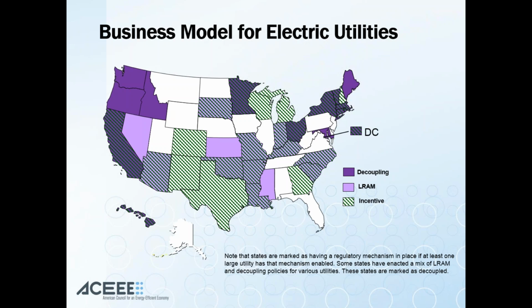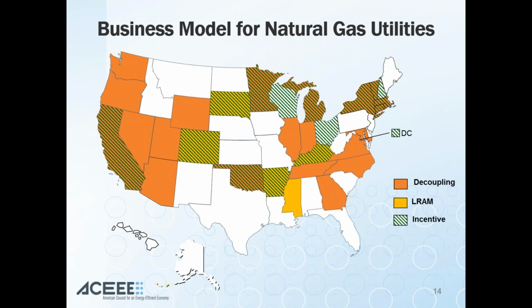EERS policies are a critical tool in the toolkit, but there are also other things that regulators and policymakers should be paying attention to, including decoupling and performance incentives for utilities. So this map shows those policies for electric utilities, and on the next slide we can see the policies that are in place for gas utilities across the country.